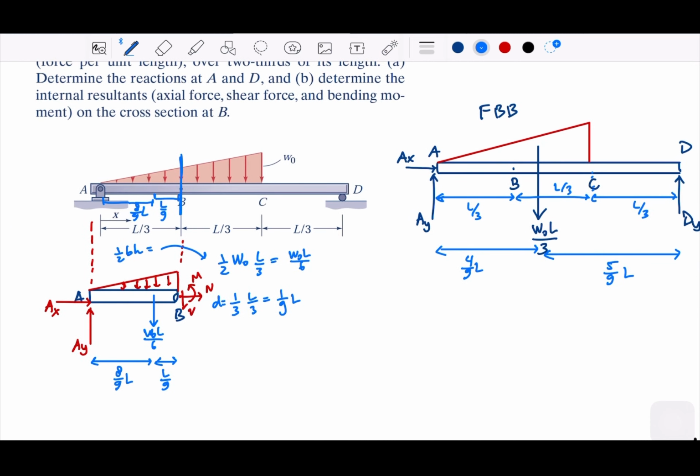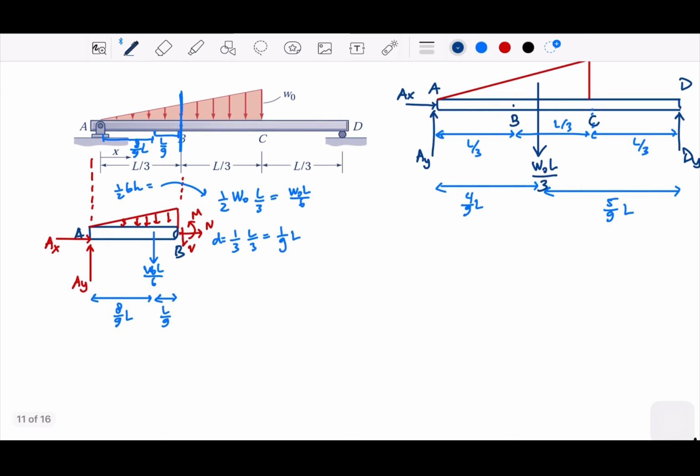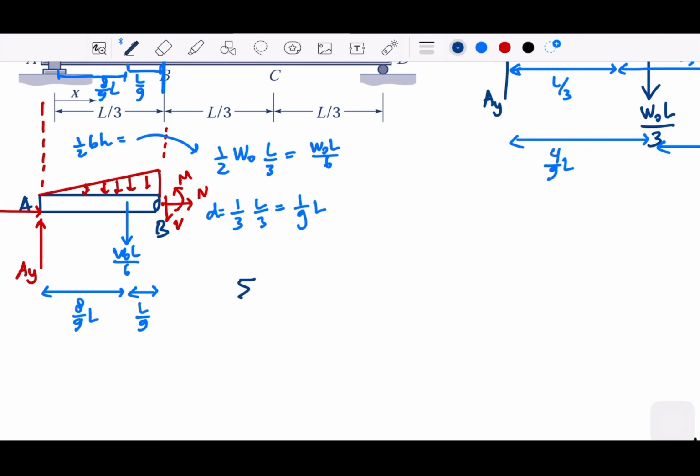Let me change the color. Now take the same tools.